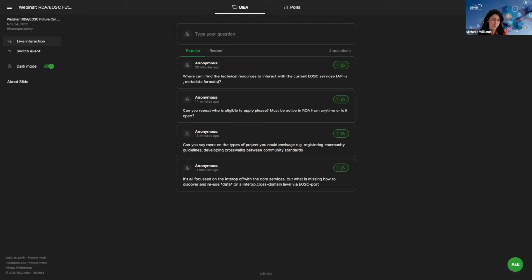However, we are working currently on discovery and reuse of data. We're working very closely with OpenAIRE, with the OpenAIRE graph. We're looking to establish how we can make the EOSC more about data, or as much about data as it is about services. So that is what we're working towards. But it's not easy. It's taking time to achieve. But yes, that's exactly what we're trying to do.